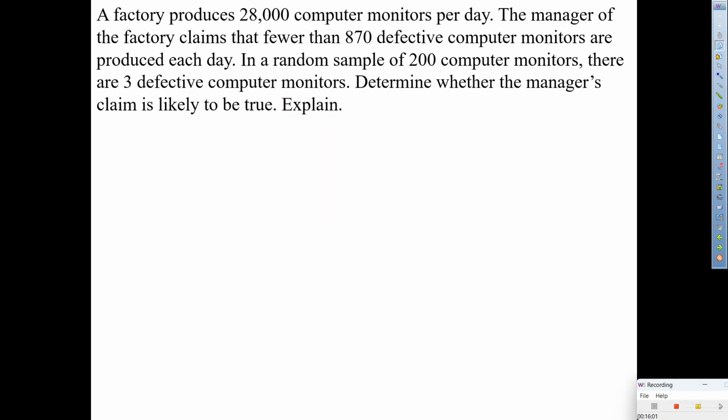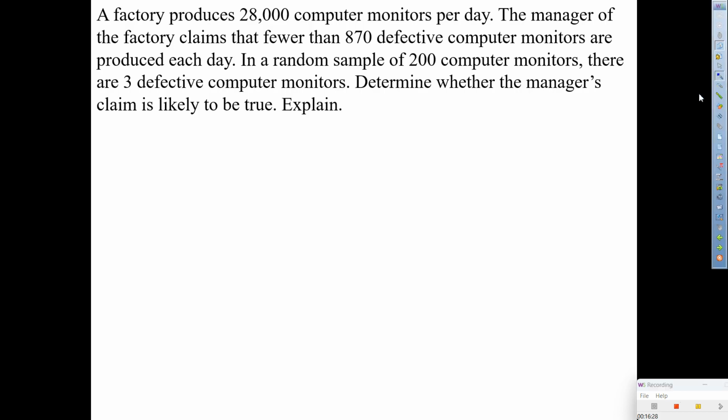It reads, a factory produces 28,000 computer monitors per day. The manager of the factory claims that fewer than 870 defective computer monitors are produced each day. In a random sample of 200 computer monitors, there are 3 defective computer monitors. Determine whether the manager claim is likely to be true.